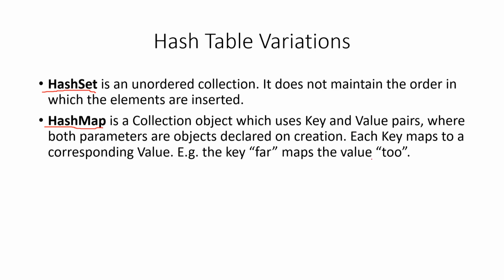So let's say that you have the value 2, the string 2, and the key far. In order to find the 2, you need to hash this key far, and after that you can find your value. So in a hash set, you need only one piece of data. In a hash map, in order to find some value or element, you need to use the key.